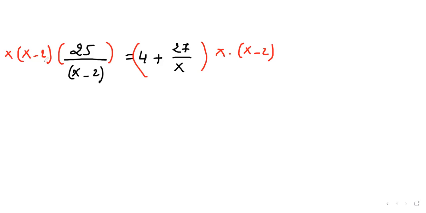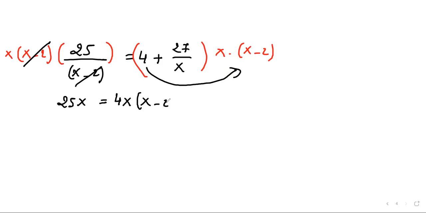Well, let's do that. When doing the multiplication on this side, I will get rid of this x minus 2 because I have total multiplication of this bracket. So on this side, I will have 25x. And on this side, I will have 4 times x minus 2, since I will be expanding this bracket, plus 27 over x times x minus 2.